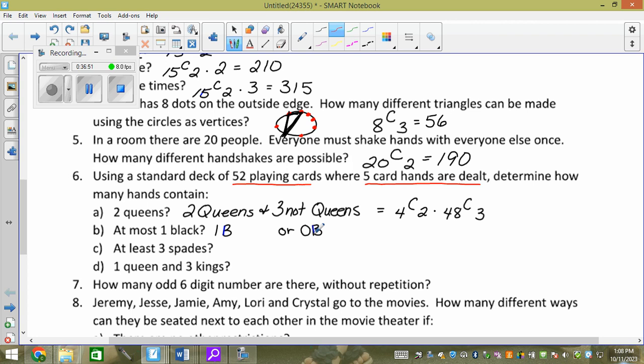Now what's the catch? How many cards in the hand do I need? 5. So how many more do I need in this one? 4. And 4 not black, which we could call red, technically, only because they're opposites here. 4, 0 black, and 5 not black.